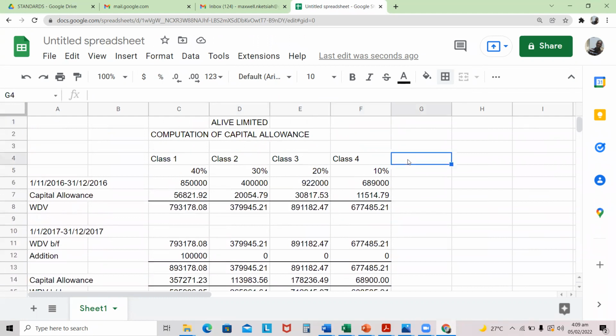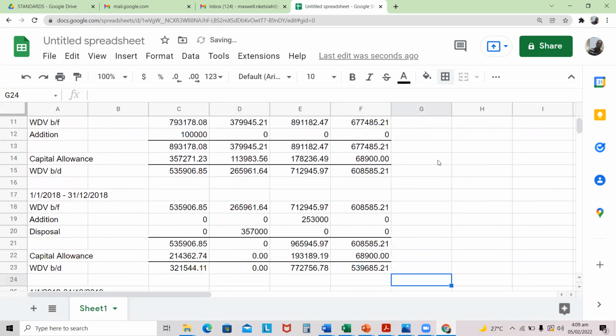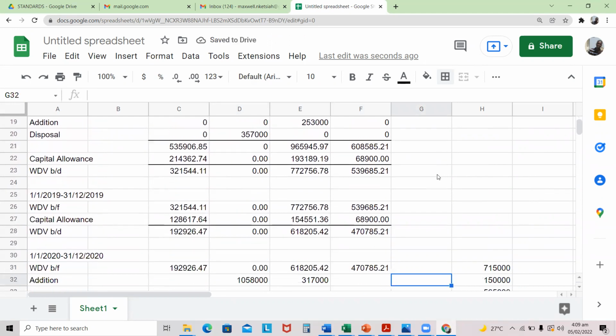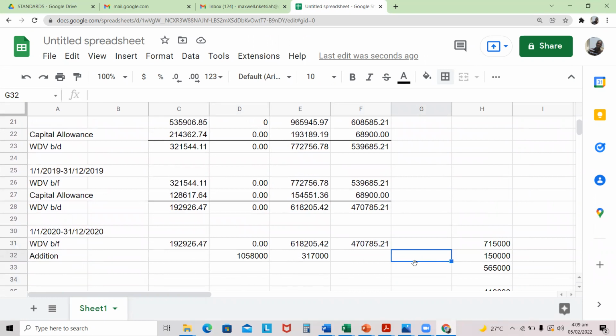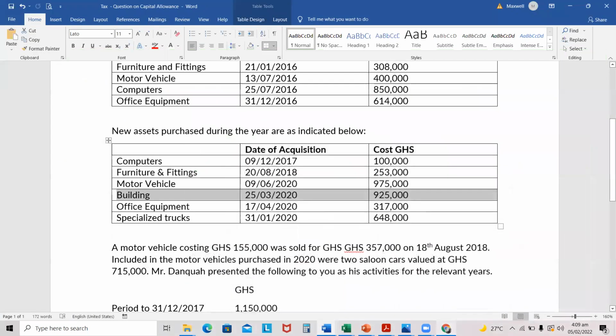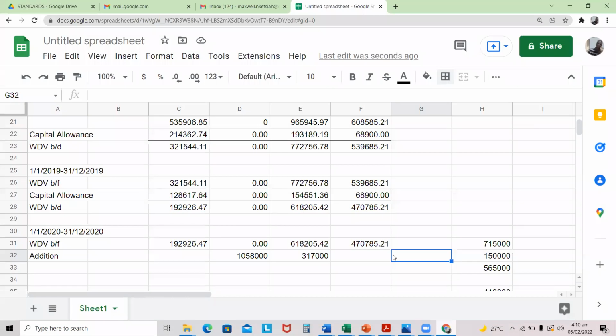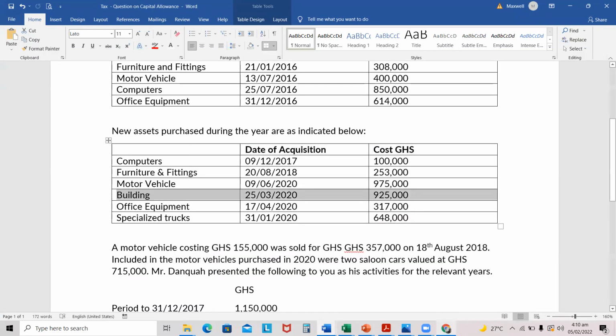So we'll create another class 4 here, which is 10%. This is for the building. So this is class 4A, and class 4B will put the new building here. The new building, which is 925,000. Okay, like this.